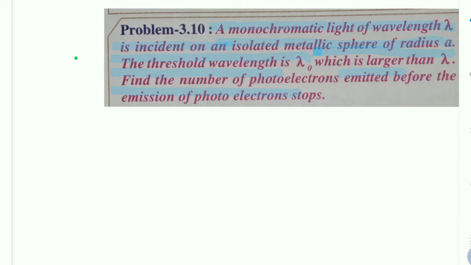as the metallic sphere is isolated, it becomes positively charged when electrons are ejected from it. So there is an extra attractive force on the photoelectrons.